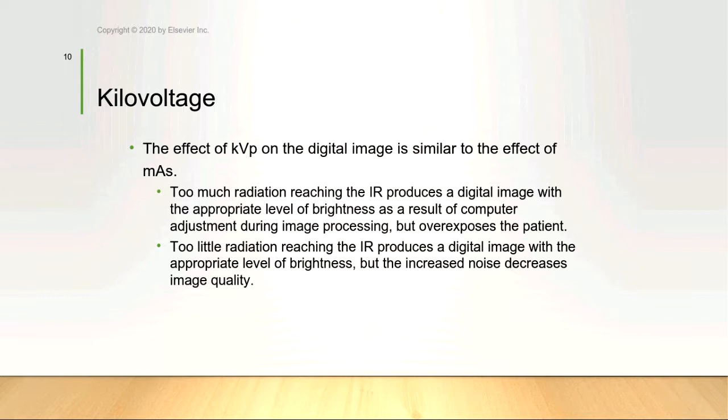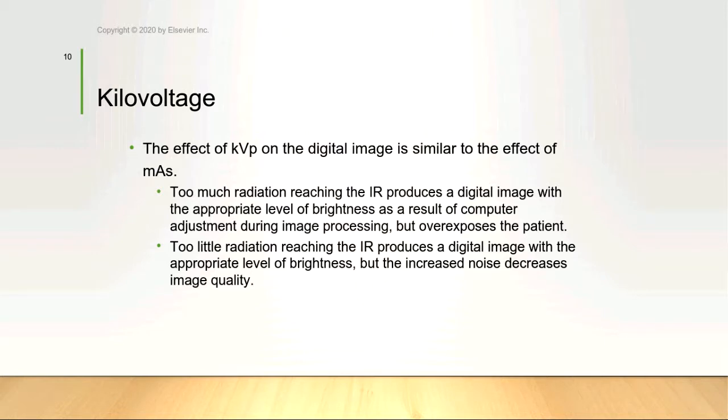When we talk about how kVp affects our digital image, it's similar to the effect of mAs on the digital image, meaning if you have too much radiation reaching the image receptor, you're going to produce an image that will appear with the appropriate level of brightness because of that computer processing, but you've overexposed the patient.